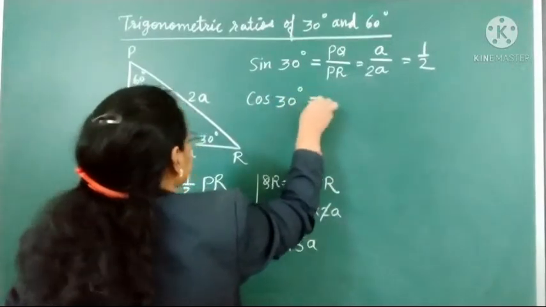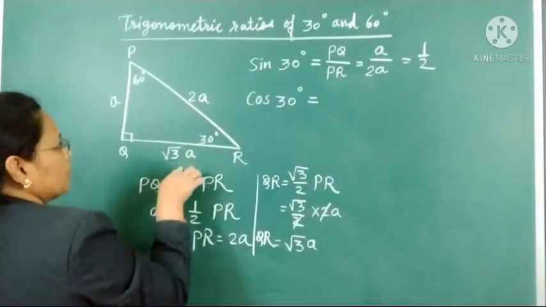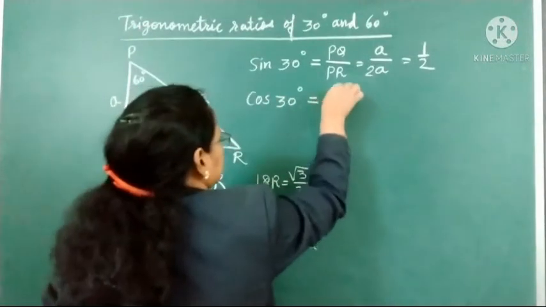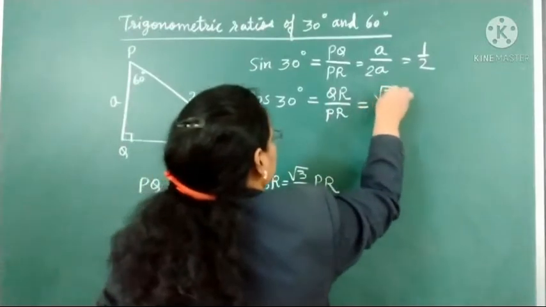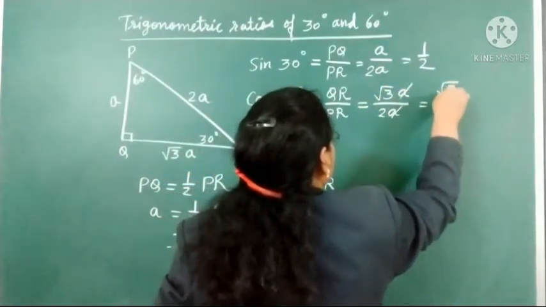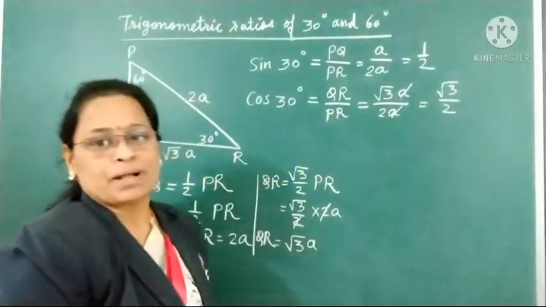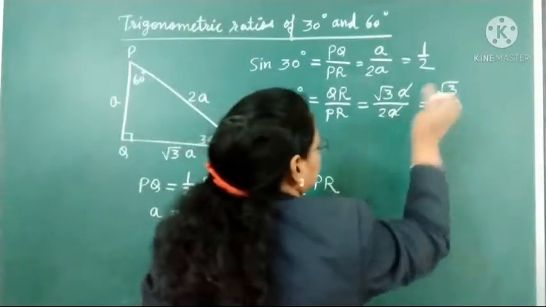Let's find cos 30. Cos 30 degree is adjacent side to hypotenuse. QR is to PR, that is root 3A is to 2A. A is cancelled. We get the value root 3 by 2. So cos 30 degree is root 3 by 2.